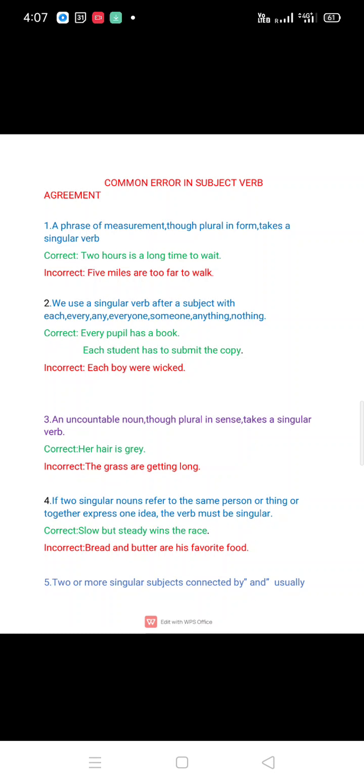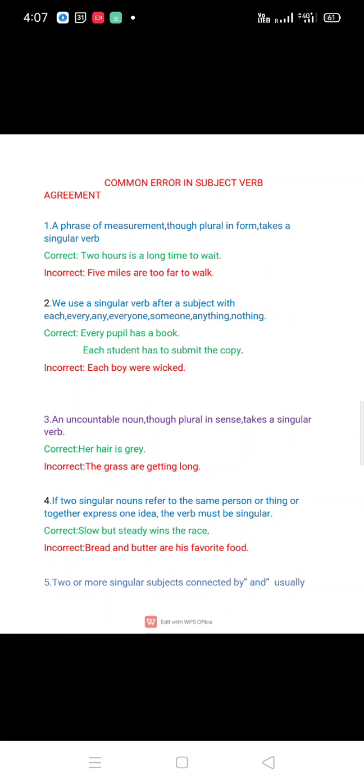We use a singular verb after a subject with each, every, any, everyone, someone, anything and nothing. Here you can see pupil or student. These are subjects, and these subjects are preceded by each and every, each student, every pupil.